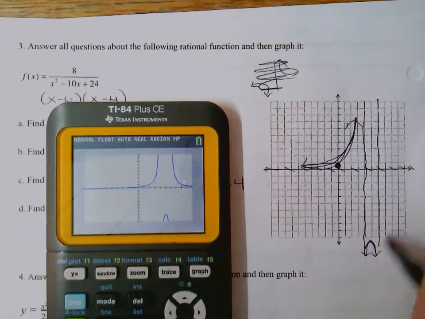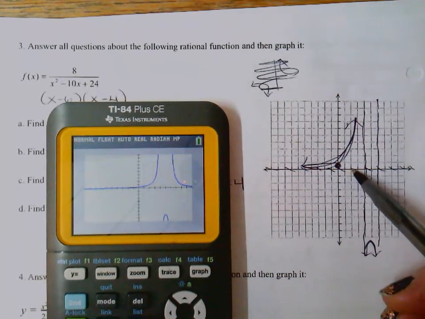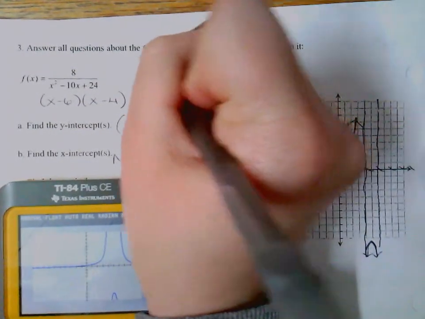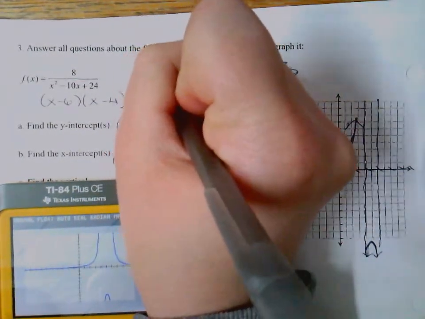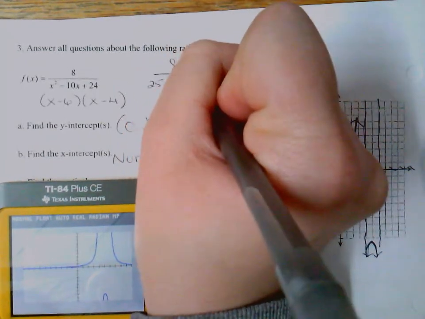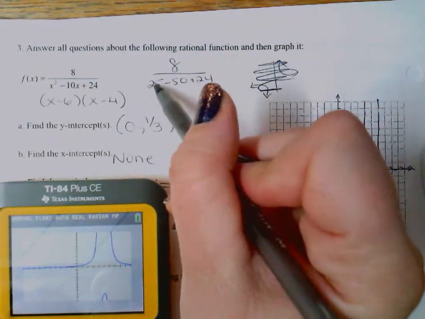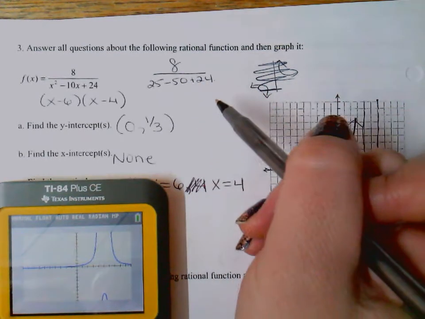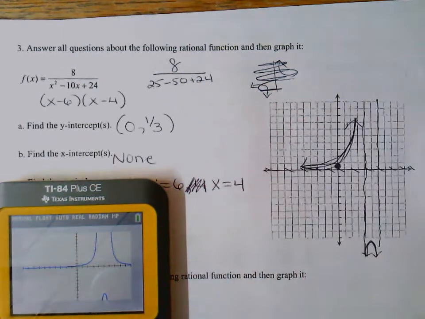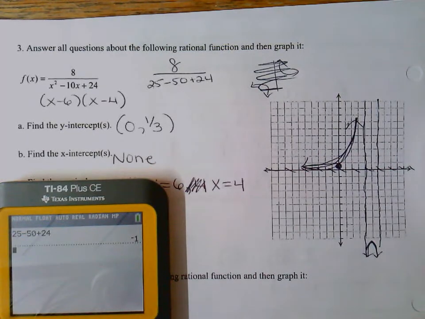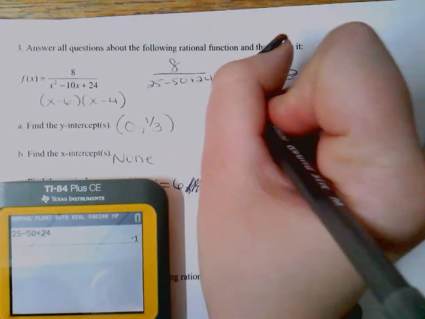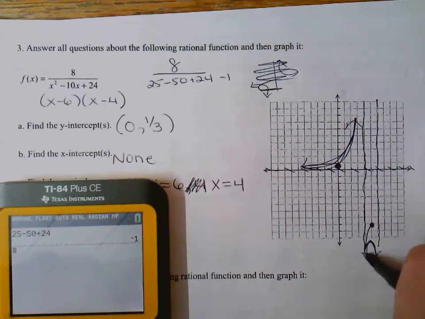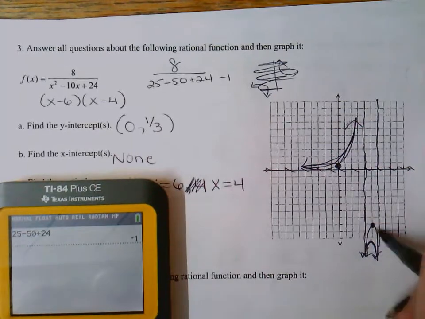So if I plugged 5 into my function, I get 8 over 25 minus 50 plus 24. So that's 49 minus 50. Wait, is that right? Yep, so I'd get negative 1 in the denominator and 8 divided by negative 1. Oops, this really should have been at negative 8.